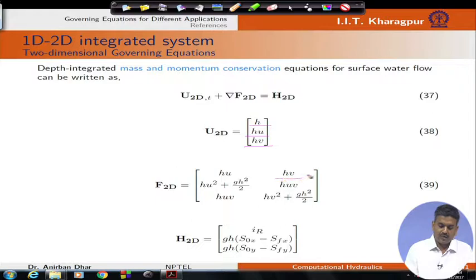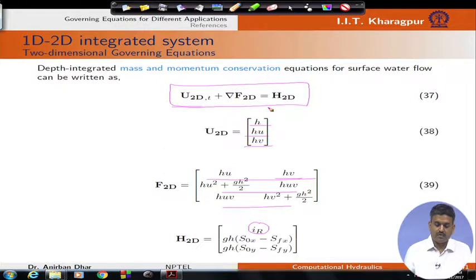Like this, the first row represents the mass conservation equation, the second and third, these two are for momentum conservation in x and y directions. So, what is this IR? IR is the rainfall, and finally, we can write it in terms of vector form.